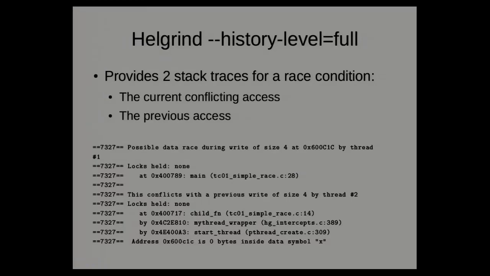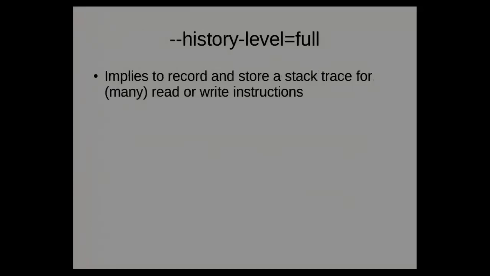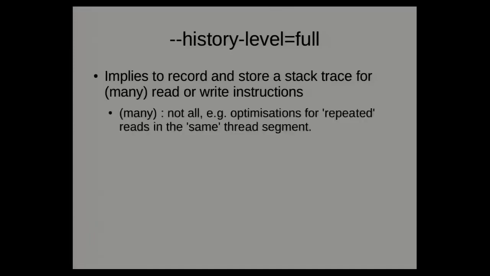But it has to tell the stack trace of the previous access to this memory. Of course, we can have a lot of these stack traces. If you have 10 threads, maybe a lot of them have accessed a lot of memory, and so we have to record a lot of stack traces to report this record. The idea was to optimize this. As I have explained, history level equal full implies recording and storing a stack trace for many read or write instructions.